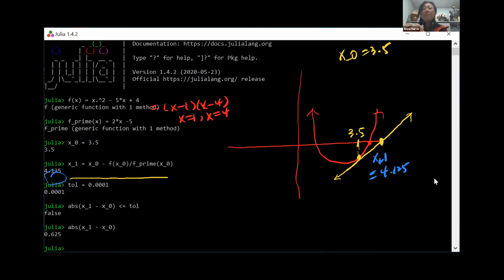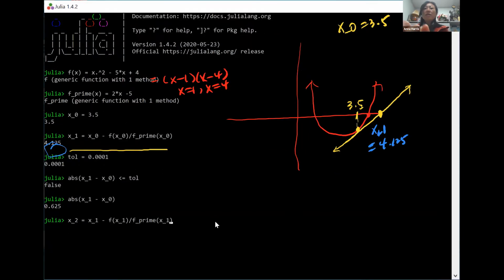Now we have to find my x2. Let's find my new iteration.